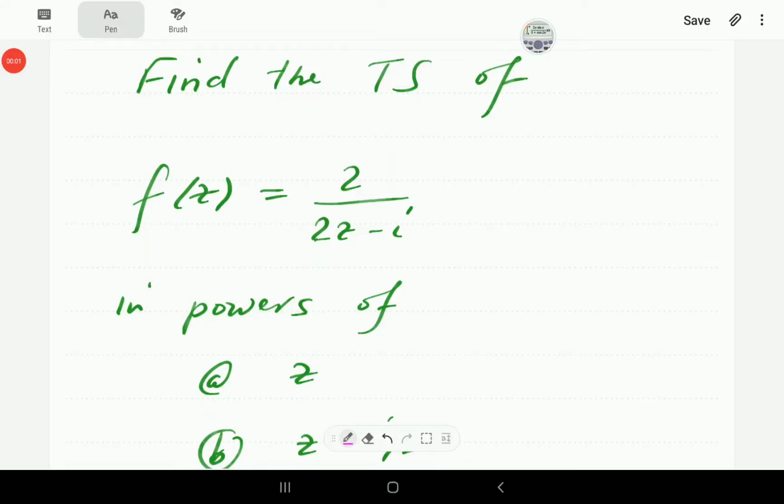Okay, in the previous video, which is part 2 of this series, we worked out the Taylor series of this function, and it was centered at z0 equal to negative i on 2. The way we worked this out was by using repeated differentiations of this function here.